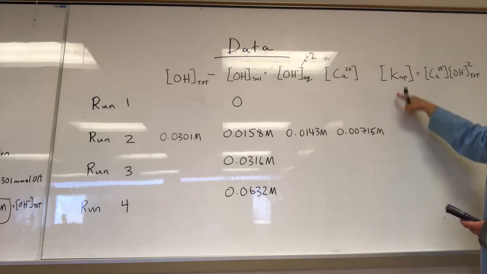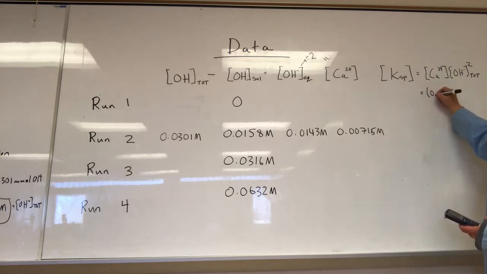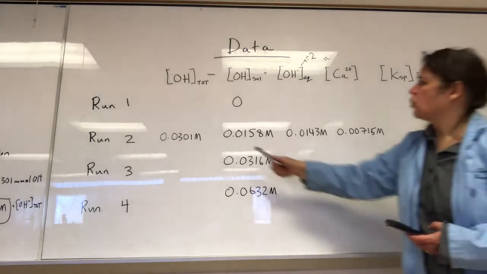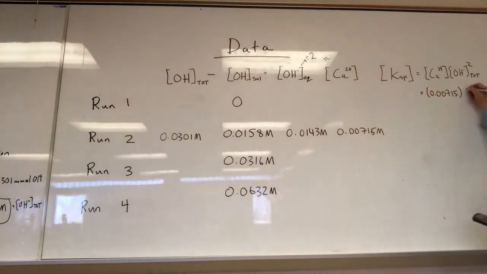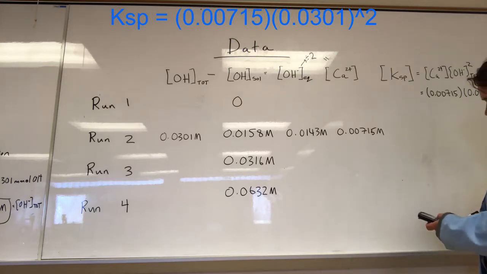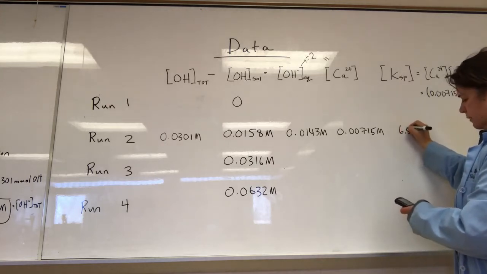So to solve for the KSP in this example, we would take the calcium concentration and we would multiply it by the total hydroxide concentration, quantity squared. So that would give us 6.5 times 10 to the minus 6.